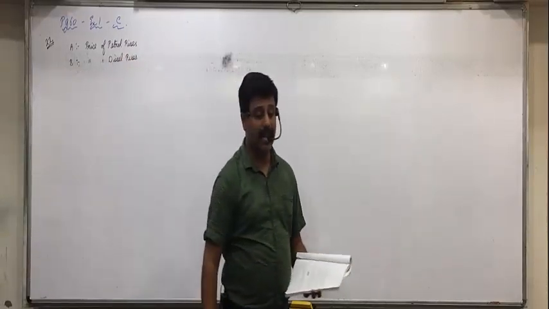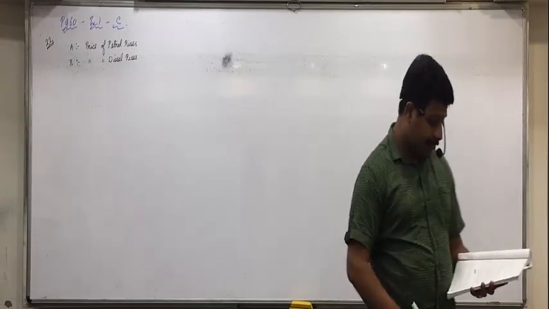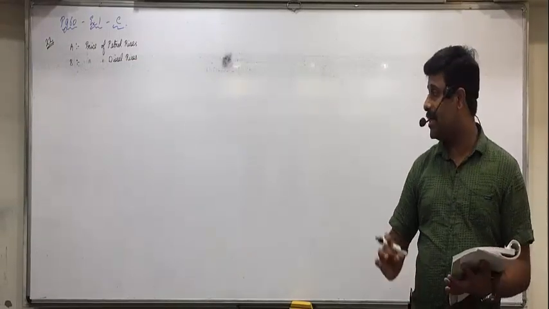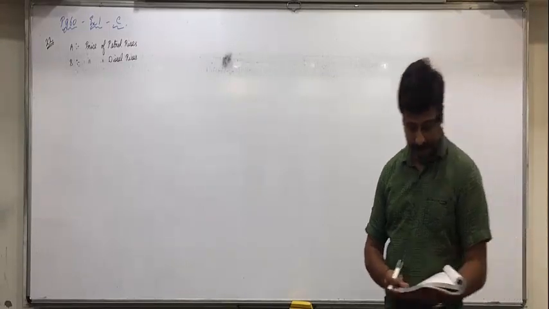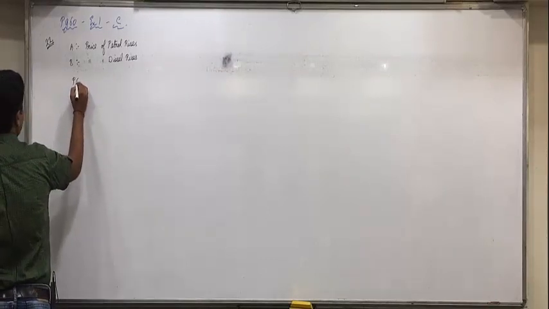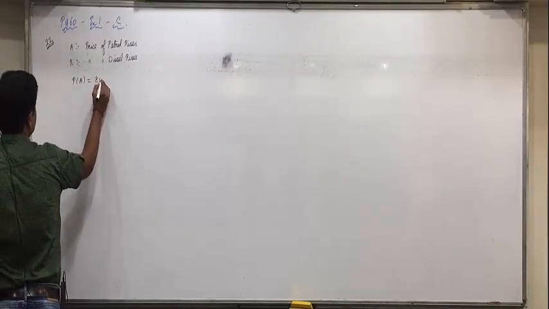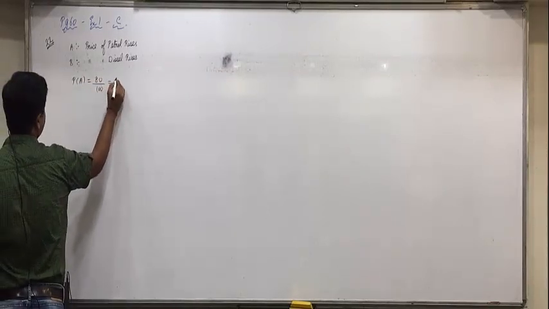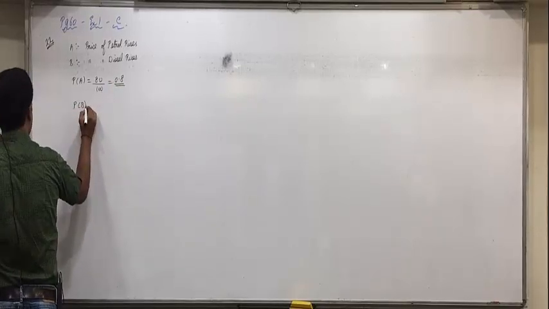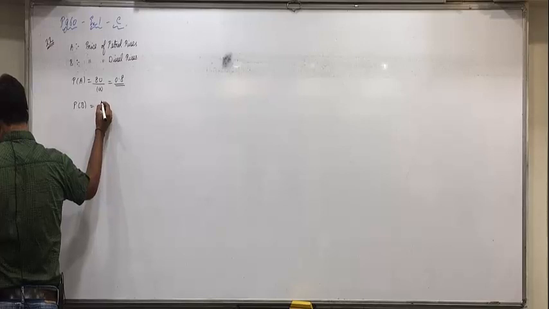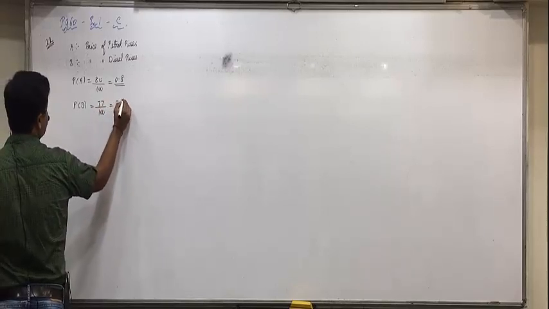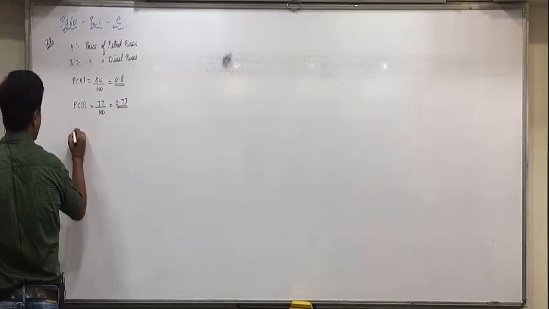Let event B be the event that the price of diesel rises. Now P(A) equals 80%, so 80 by 100, 0.8. P(B) equals 77%, so 77 by 100, 0.77.